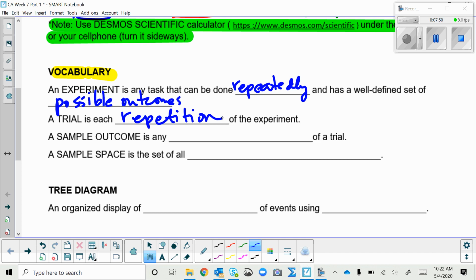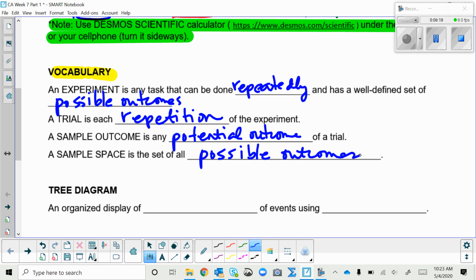A sample outcome is any potential outcome of a trial. So going back to the coin, my sample outcomes are heads and tails. And a sample space is the set of all the possible outcomes. So not talking about them individually, but talking about how many there are altogether.